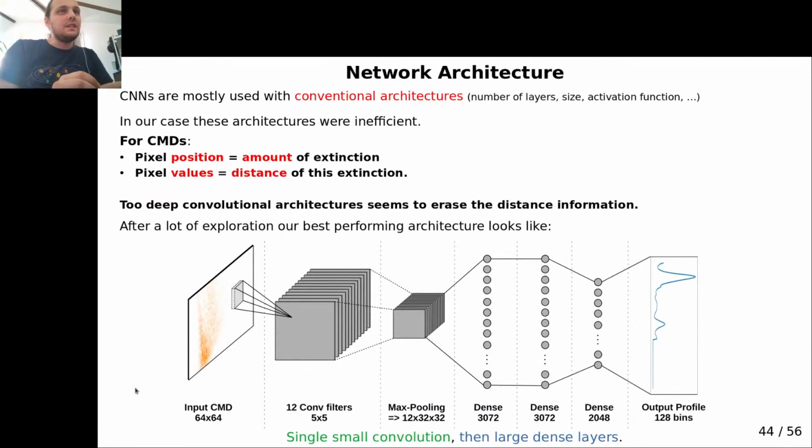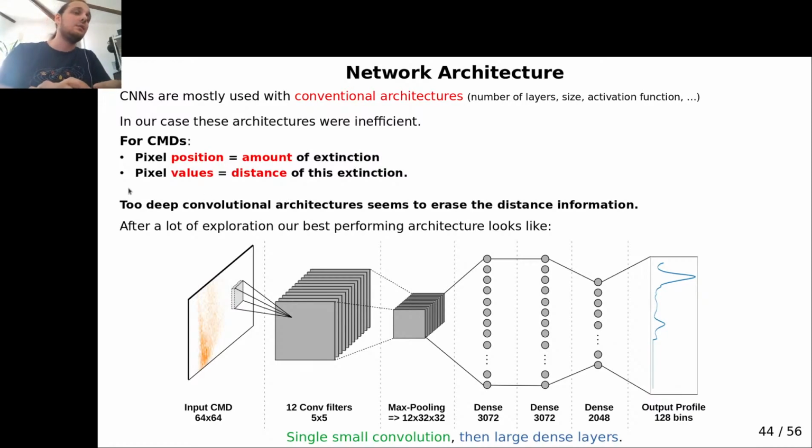Usually CNNs are used with what can be called conventional architectures. So it means that the number of layers, the size of those layers, and the activation functions are all already defined. But in our case, these architectures were relatively inefficient. This is due to some peculiar properties of CMDs as input, at least for extinction, which is that the pixel position encodes the amount of extinction, and the pixel values encode the distance of the extinction.